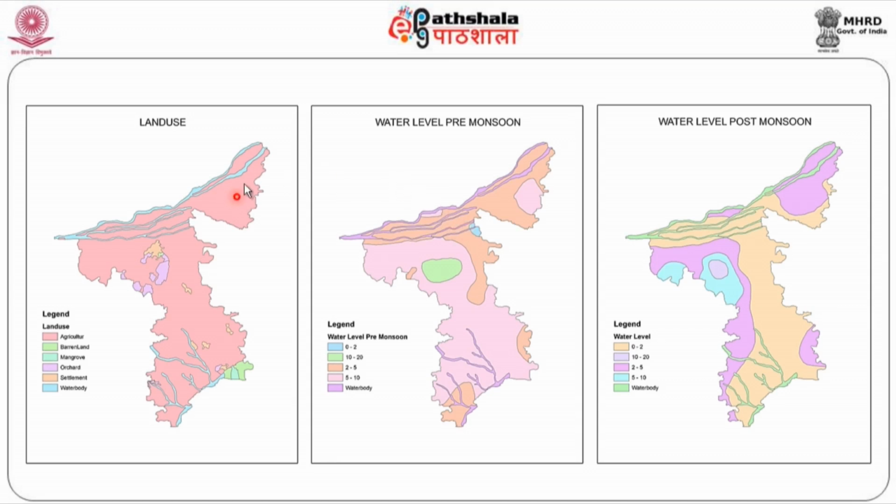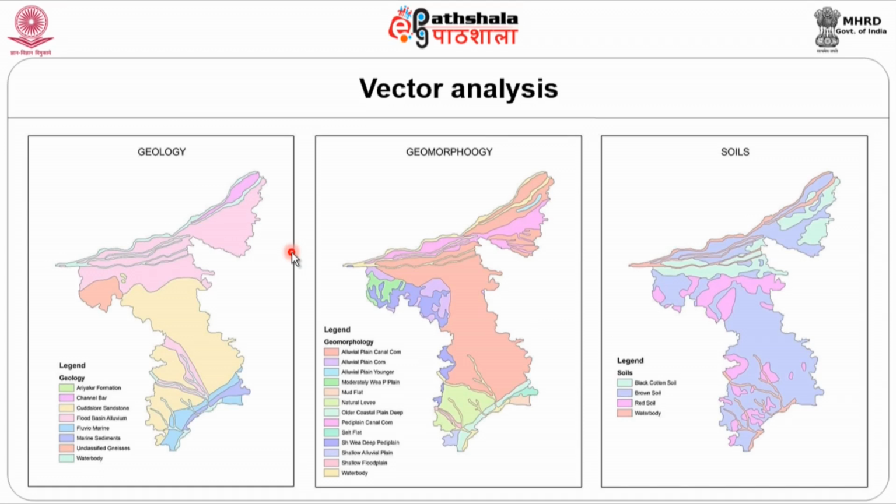Apart from this, you can also have other details like rainfall, post monsoon, pre monsoon. Any number of layers can be integrated. So in a given area, what is the rainfall, what is the land use, what is the geology, what is the geomorphology, what is the soil? Six layers are there. We talk about various layers.